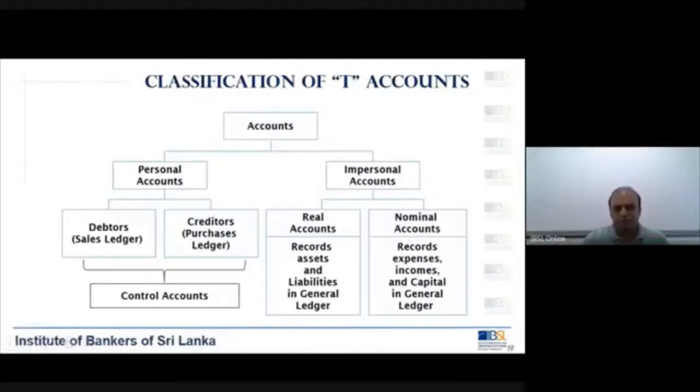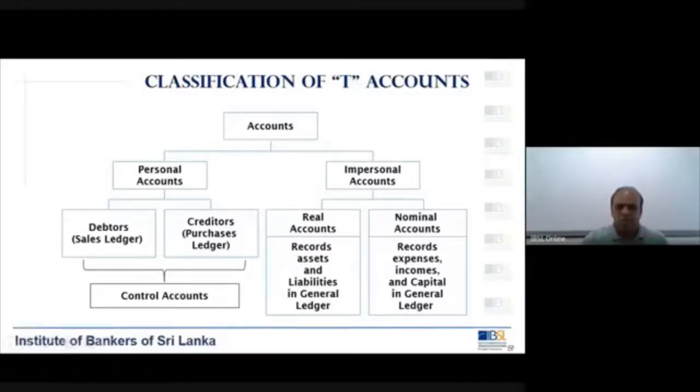So in other words, what you see under impersonal accounts is more or less relating to your accounting equation. There is a small component going into the personal accounts, which is also part of your accounting equation, but the majority of the accounts sit under the impersonal accounts category.